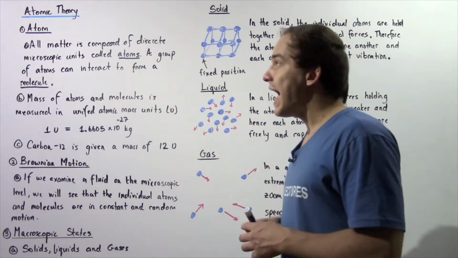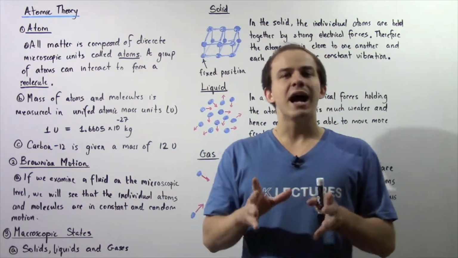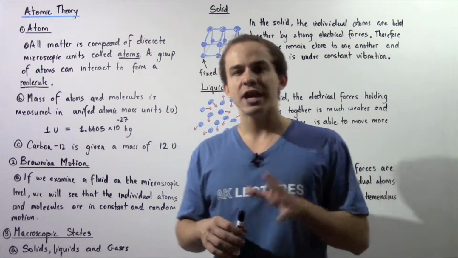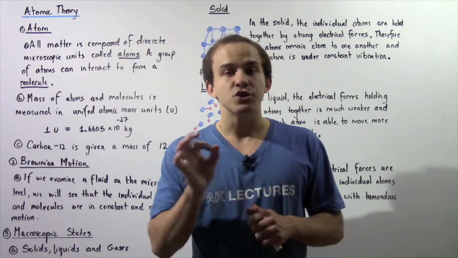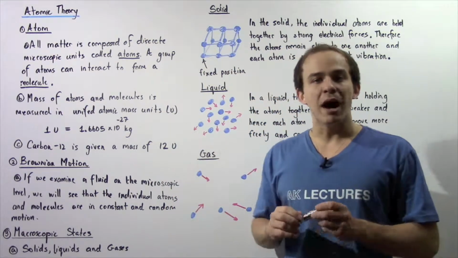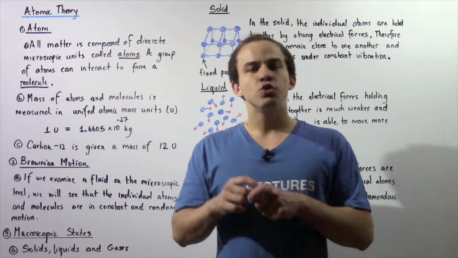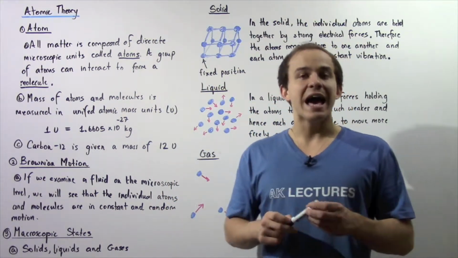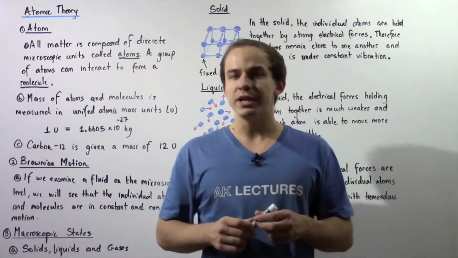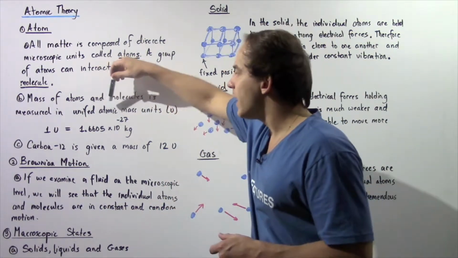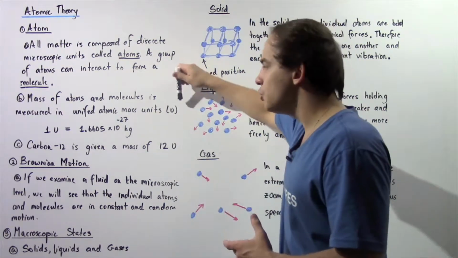Now, the size of atoms and molecules is extremely small compared to the size of macroscopic objects that are visible to the naked eye. And because of the small size of the atoms and molecules, instead of using kilograms and grams to describe their mass, we use a completely different unit known as the unified atomic mass unit, given by a lowercase u.